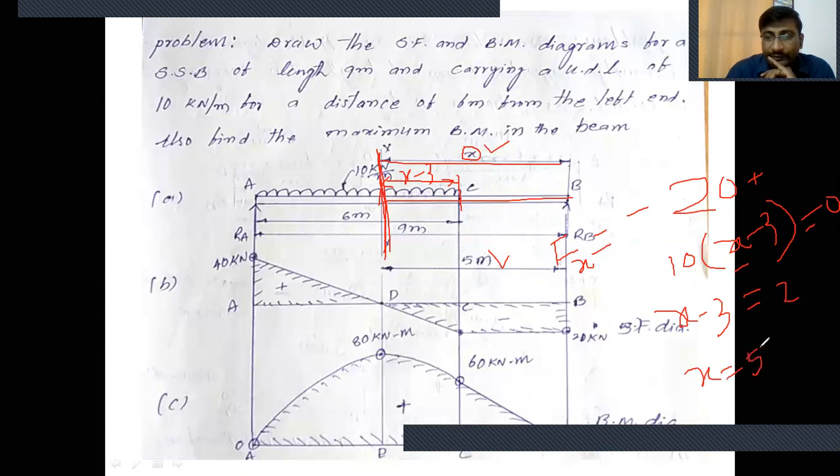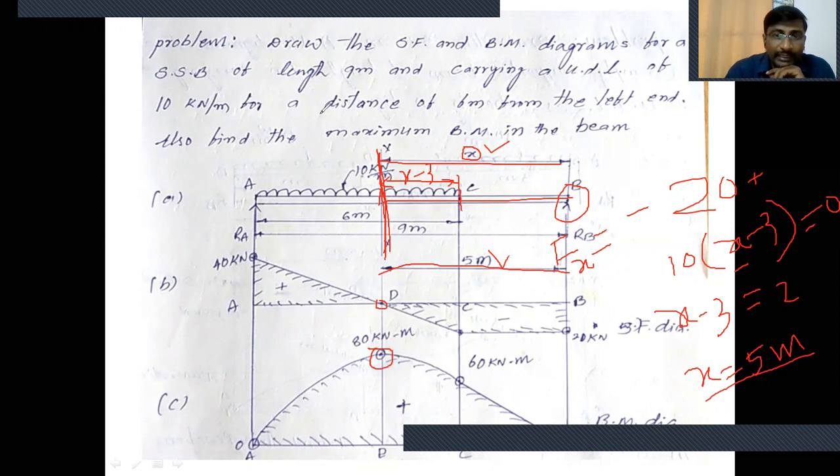At a distance of 5 meters from the right end, that is point B, the shear force will be 0. Clear, students? At this distance of 5 meters, we have to find the bending moment.